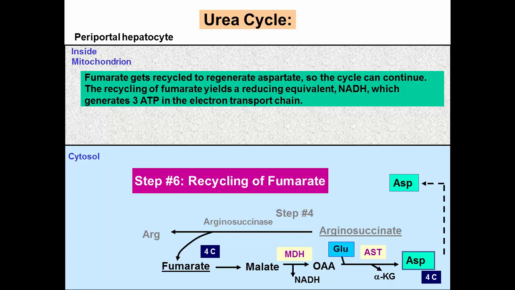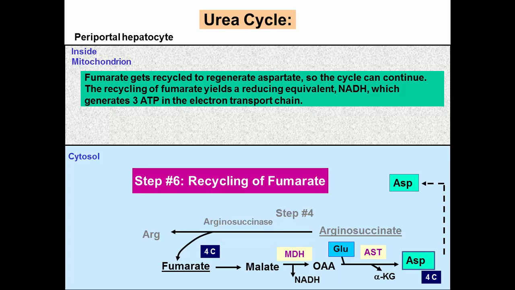Step 6, also very important, is that we've got to get this fumarate back to aspartate. These enzymes should be familiar, I think. Hopefully you've had some through the TCA cycle and other enzyme reactions. Malate dehydrogenase, I'm not telling you fumarase, but that's the enzyme that cleaves that. So malate dehydrogenase, I think you've heard of before with the shuttle system, and it produces a reducing equivalent because it's a dehydrogenation reaction.